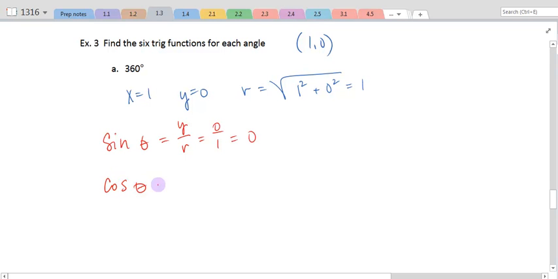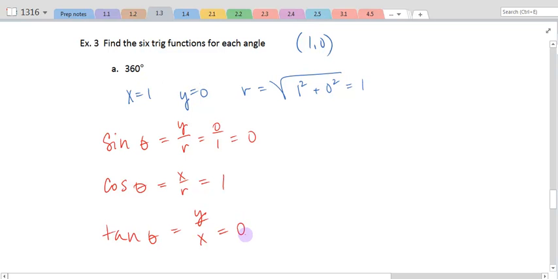Cosine of theta would be x over r, which is 1 over 1, which is 1. Tangent of theta, that's where we have y over x, which would be 0 over 1, which is 0.